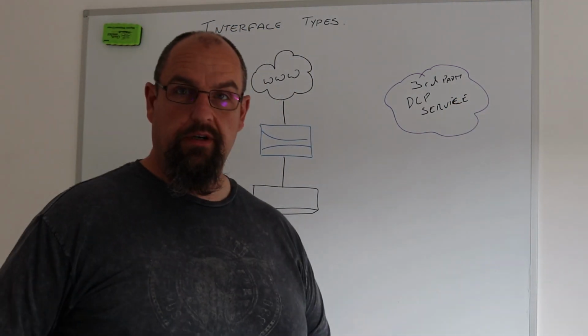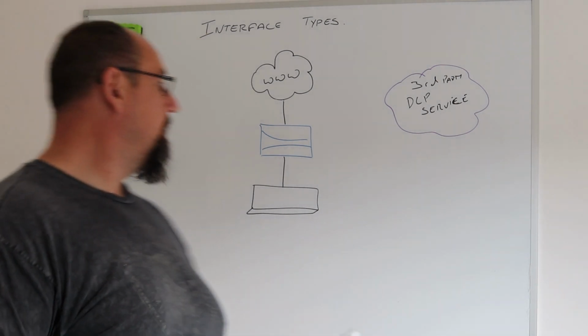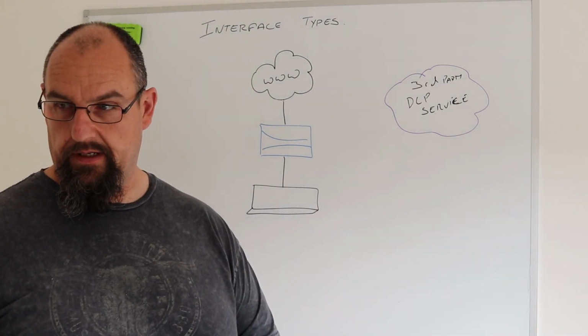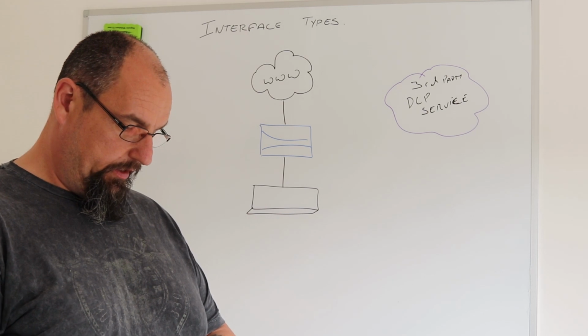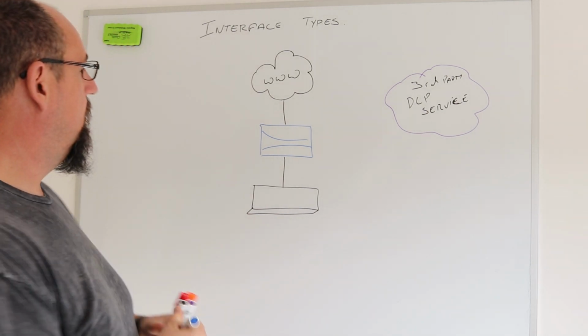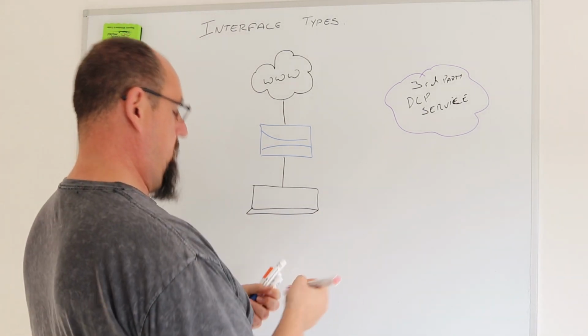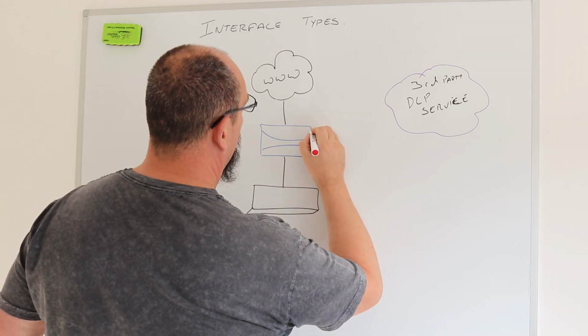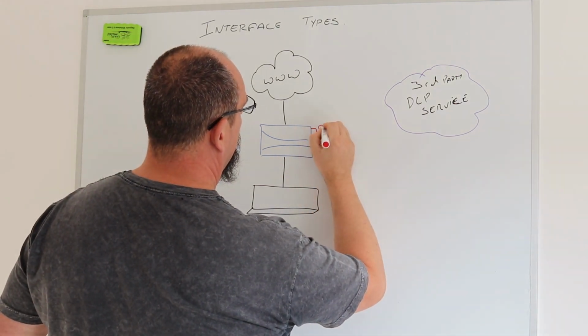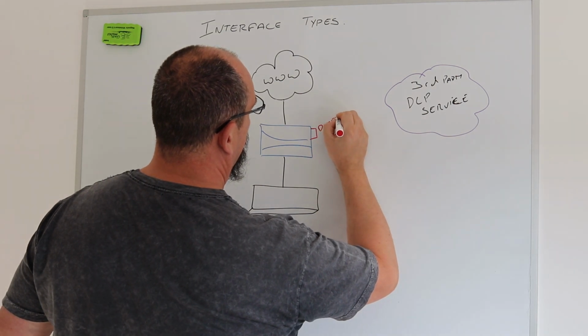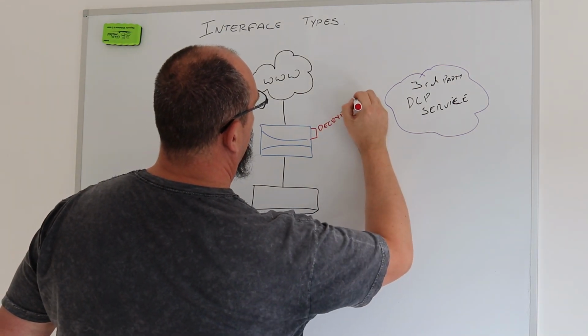So what we can create is what's called a Decrypt mirror. When we create the Decrypt mirror interface, it's a special configuration that goes here. So we have that interface there, Decrypt mirror.